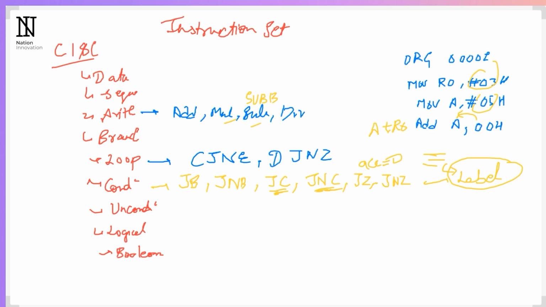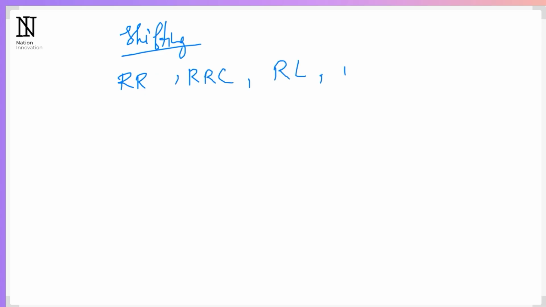Then we have shifting operators. There are four types of shifting operators. First is rotate right, then rotate right through carry, then rotate left, and rotate left through carry. In rotate right and rotate left, the MSB becomes the LSB and all the bits shift toward the right-hand side one by one.